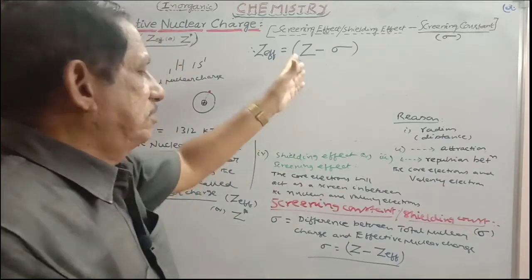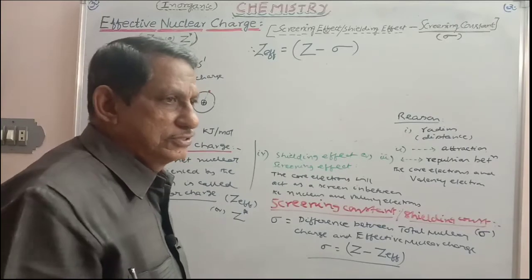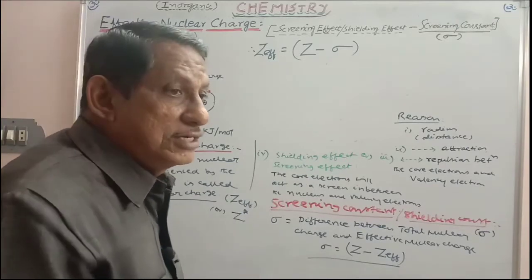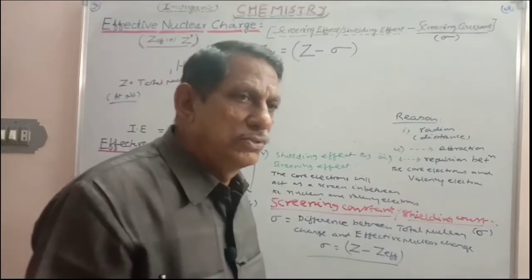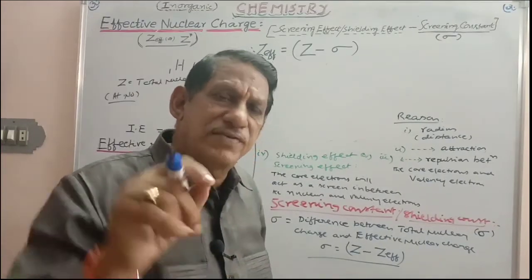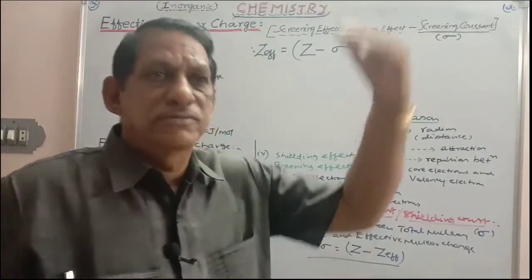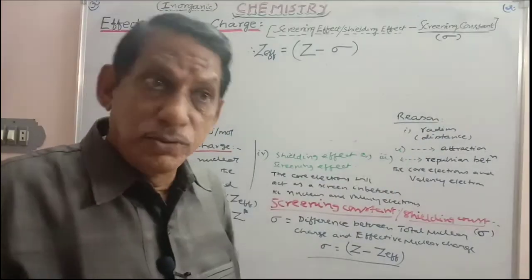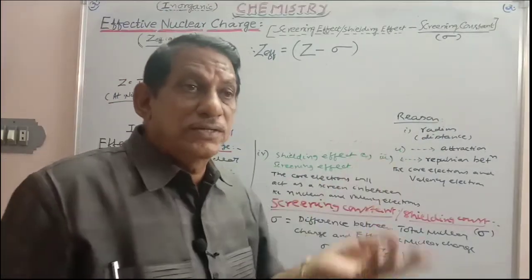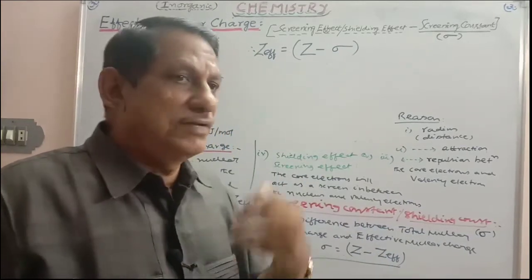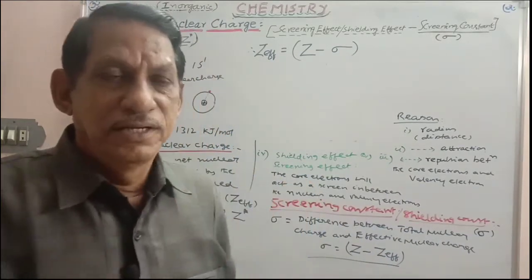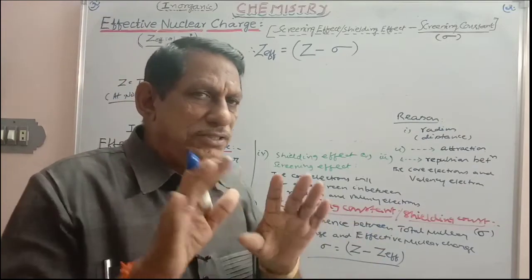For the same atom, Z value always remains constant. So here, for the same atom, you can calculate the Z effective value, basing on the reference electron. You can take the outermost orbital electron. You can take the inner electron to calculate the Z effective on that electron. Basing on the position, Z effective is varying, sigma is varying. But basing on the position, the Z value is not changed.